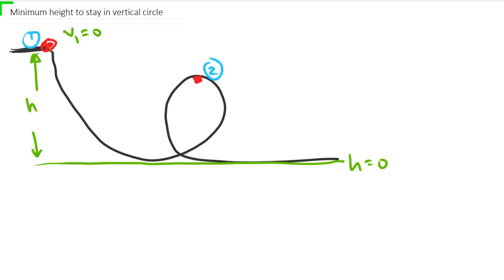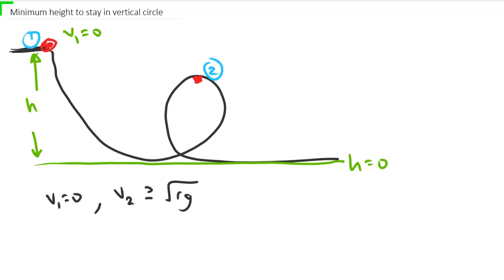But I also know some things about v2 from what we derived in the class with the swing and the pail of water. We know that v1 is equal to 0, and we know that the minimum speed at 2, v2, must be greater than or equal to the square root of RG.